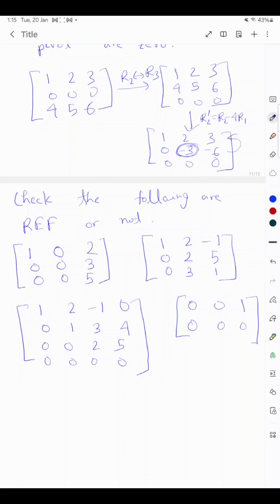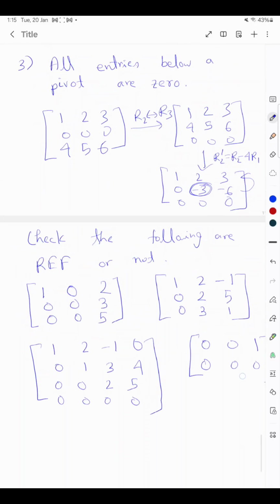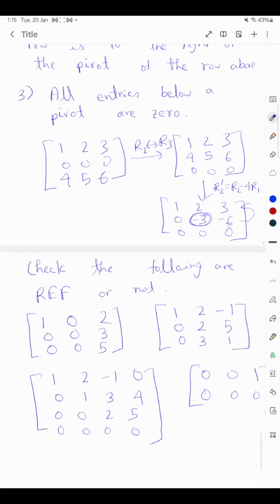Just check for the first one. Is it REF? What is the first non-zero entry? Obviously this one. The first pivot element is this, below it all are 0, no issue. Next, what is the next pivot element in a non-zero row? You can have this one, the third, as your next pivot element, right?